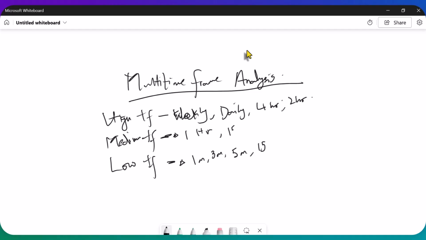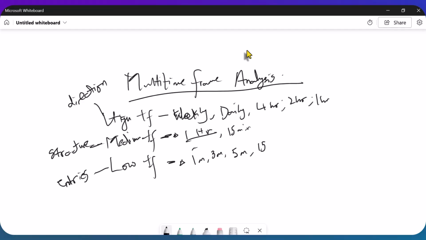This 15 minutes could also be in this part, and this 1 hour could also be here. So we use higher time frames for the direction of the market. We use the medium time frame for structure, to mark out the market structure. Like I said, I prefer using the 1 hour. And then we use the lower time frames for entries.